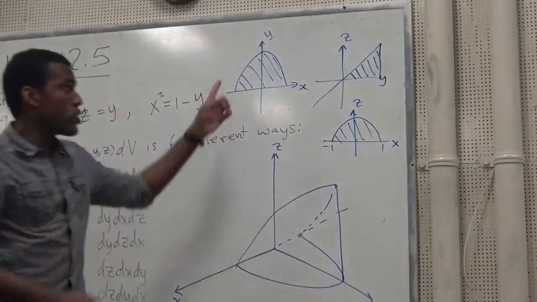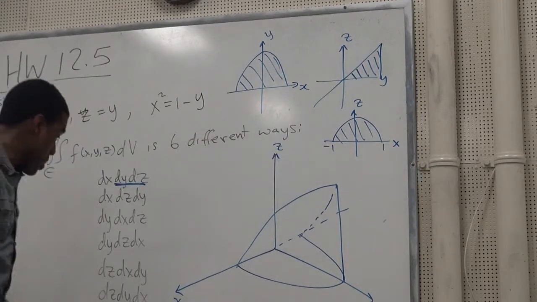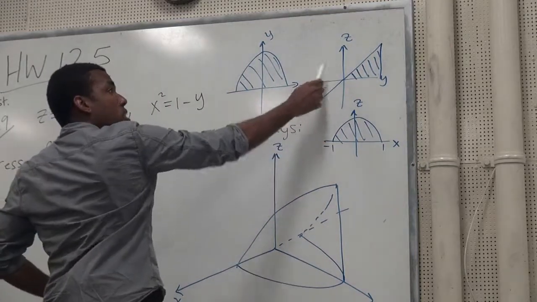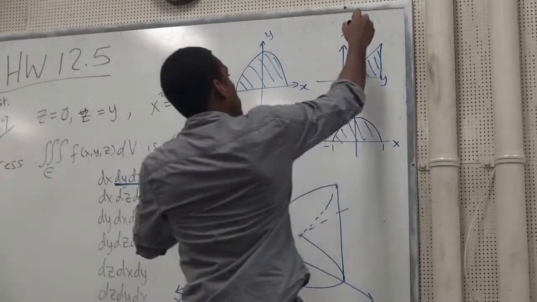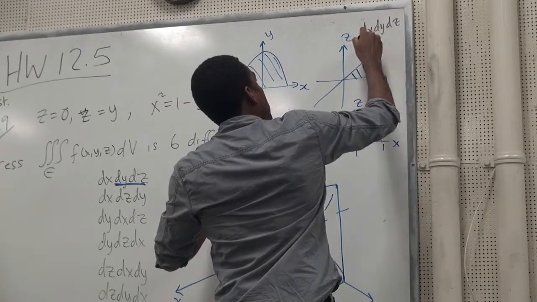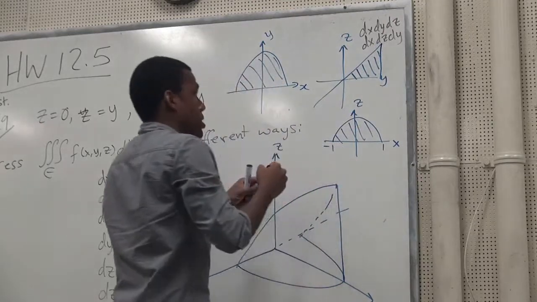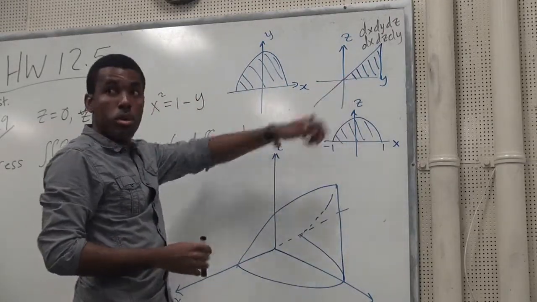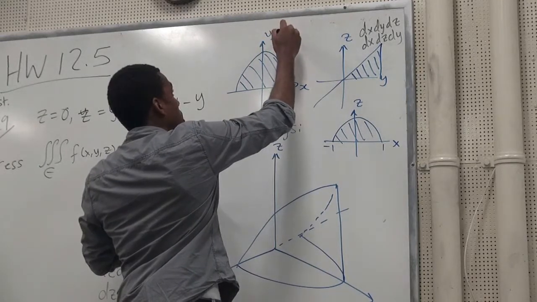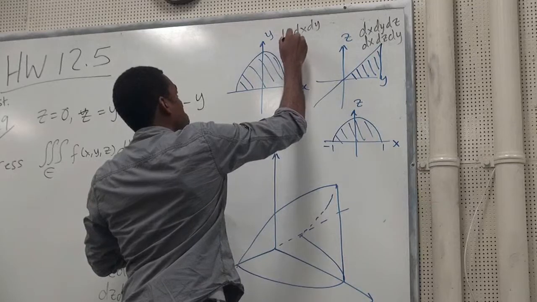Now knowing those 3 different views is essential to being able to set up the integral. You're going to need to know this in order to set up dx, dy, dz and dx, dz, dy. This guy gives you the double integral part. This you're going to need for dz, dx, dy and dz, dy, dx.